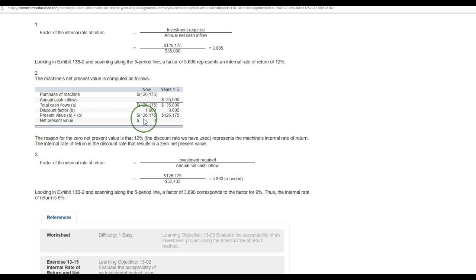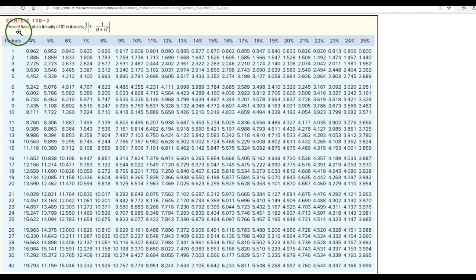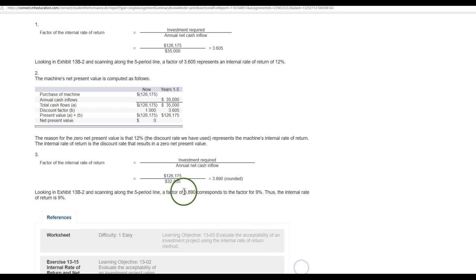That exactly matches the cash going out the door today, so the net present value is 0. The net present value is 0 because this project is generating a 12% return. We went with table B2 because this is the present value of an annuity, the same amount each year. So if you have the same amount each year, make sure you use table number 2. Alright, so net present value is 0.